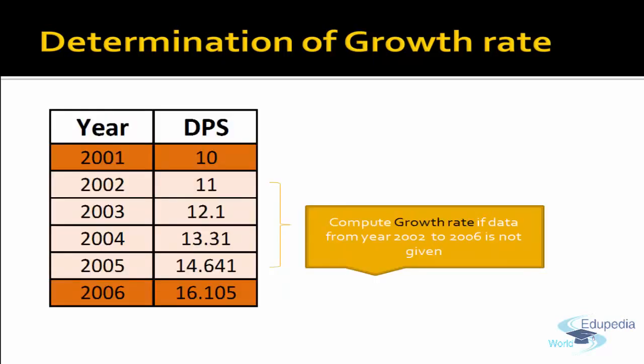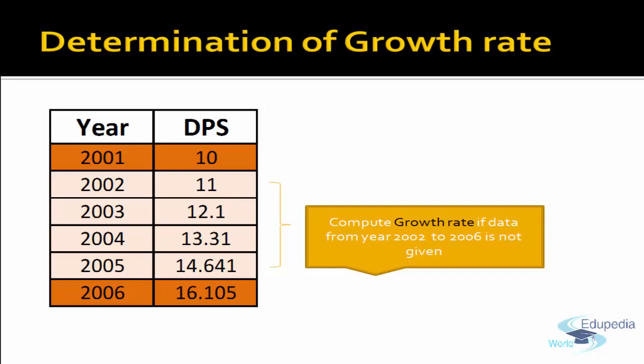Now let's take one more example. I've given you data from 2001 to 2006, and the DPS, that is dividend per share, is 10, 11, 12.1, 13.31, 14.64 and so on. In this case you can easily calculate that the growth rate is 10%.